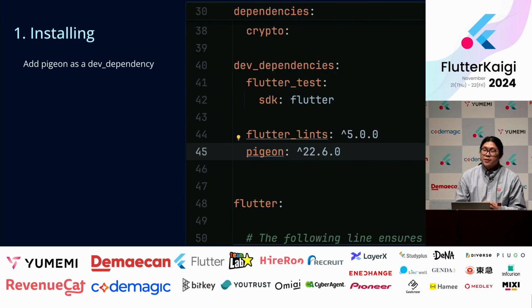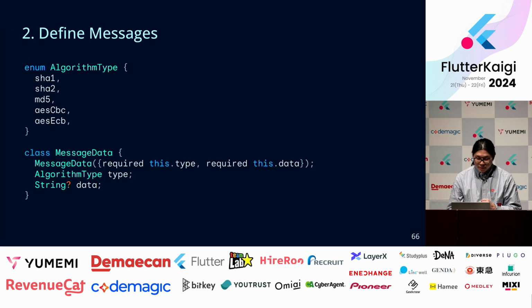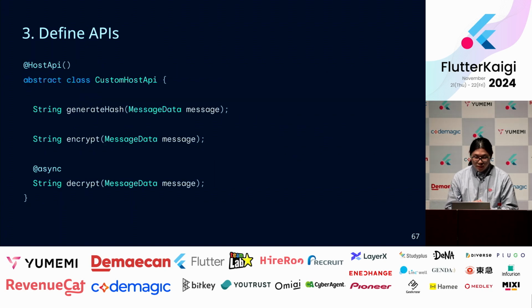First, to use Pigeon, you need to add it to the dev dependencies section of your pubspec.yaml file. Then we'll define the message structure for handling encryption. We can also use enums in this process. Next, we define the methods. We use the HostApi annotation and define them in an abstract class.